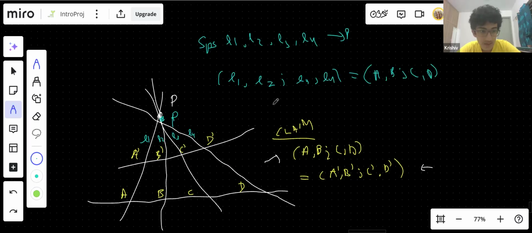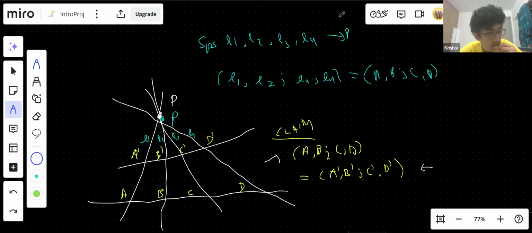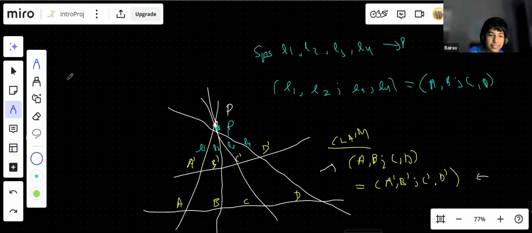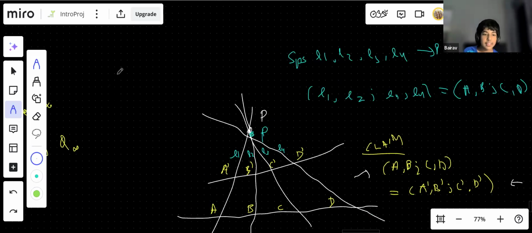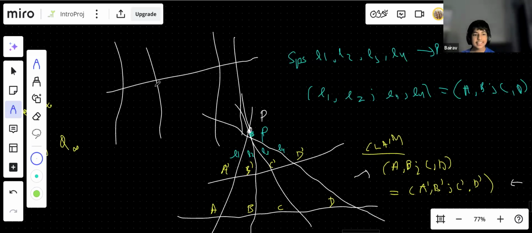Can we do this for parallel lines as well? Yes, if P is a point at infinity, it would have a separate proof, I guess.